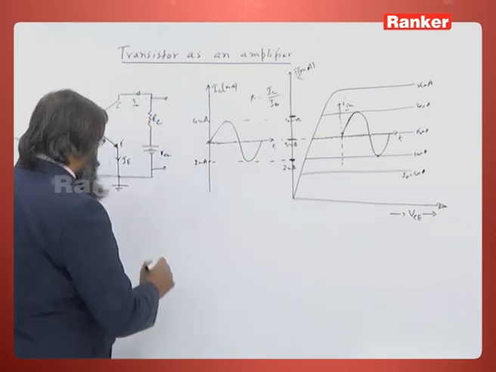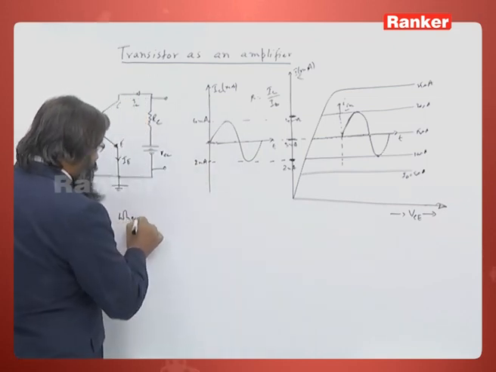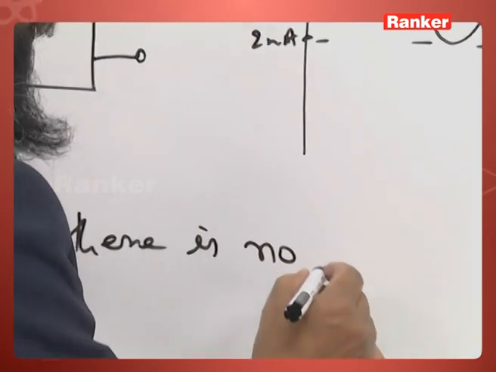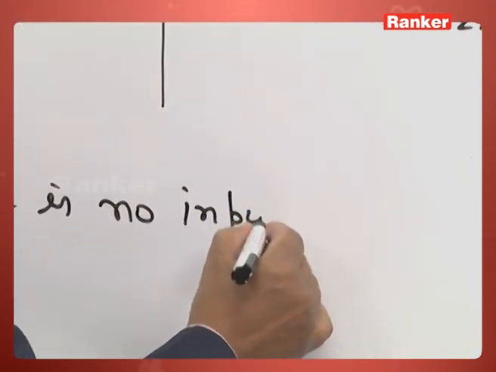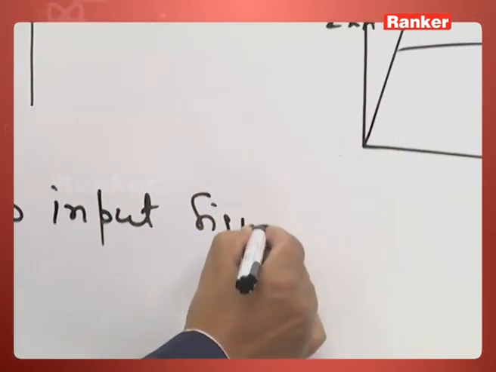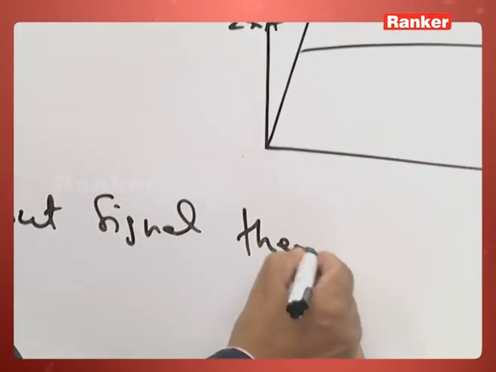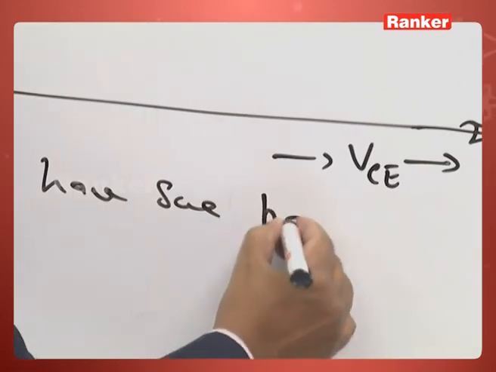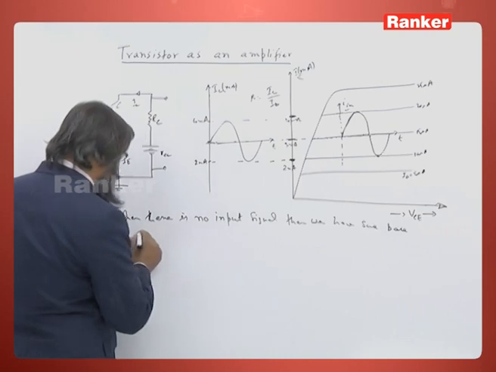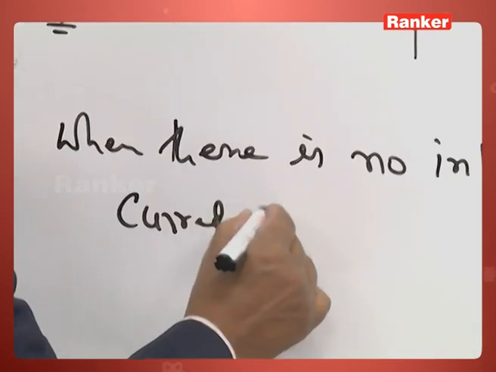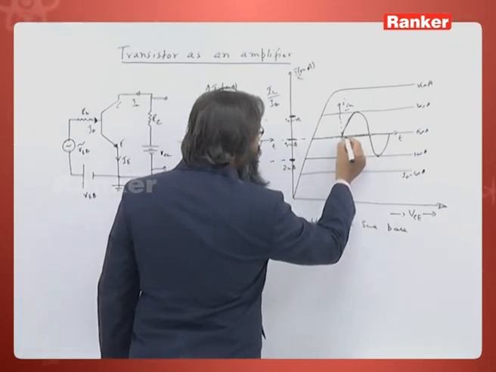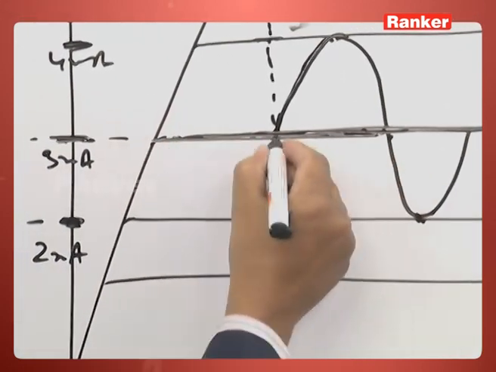So when there is no input signal, then we have some base current, say IB. This is the operating point, we say that this is the operating point.